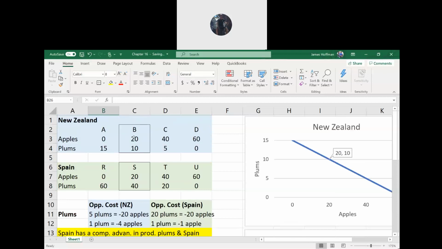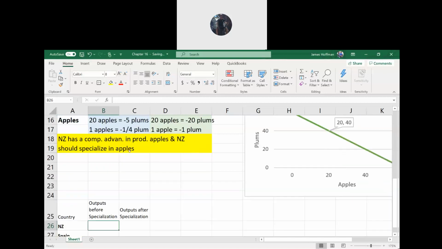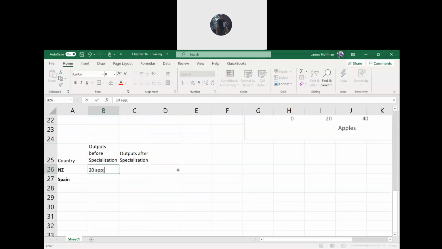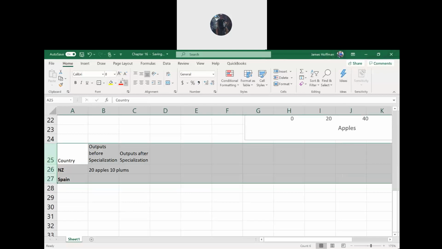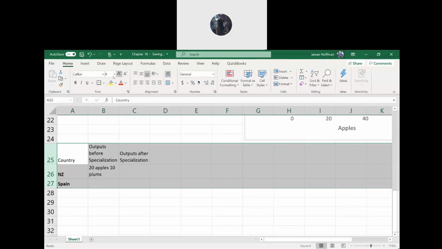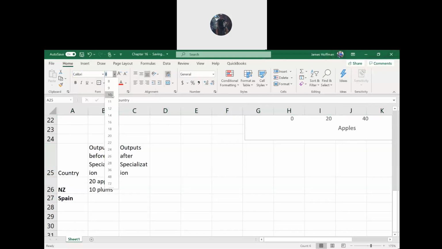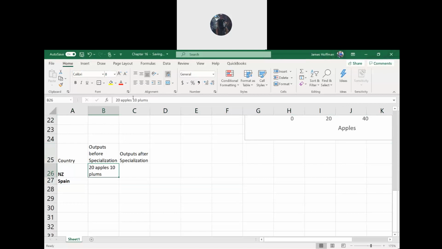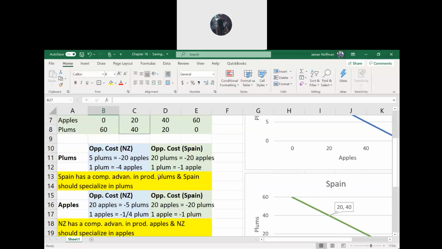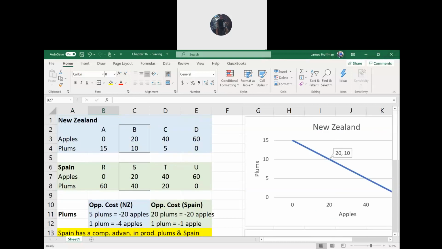All right, so we were given, and we've already made a note, that before specialization, New Zealand was producing point B, which was 20 apples and 10 plums, right? And Spain started with point S, which we know is 20 apples and 40 plums.